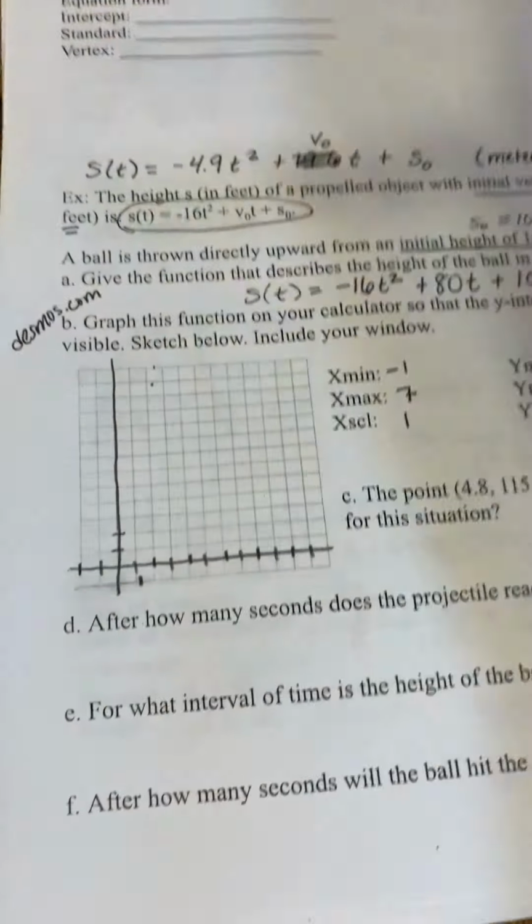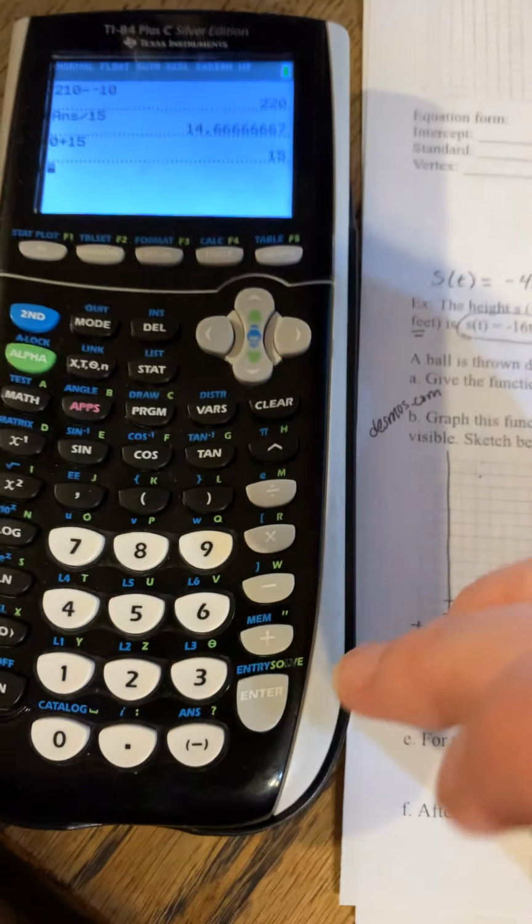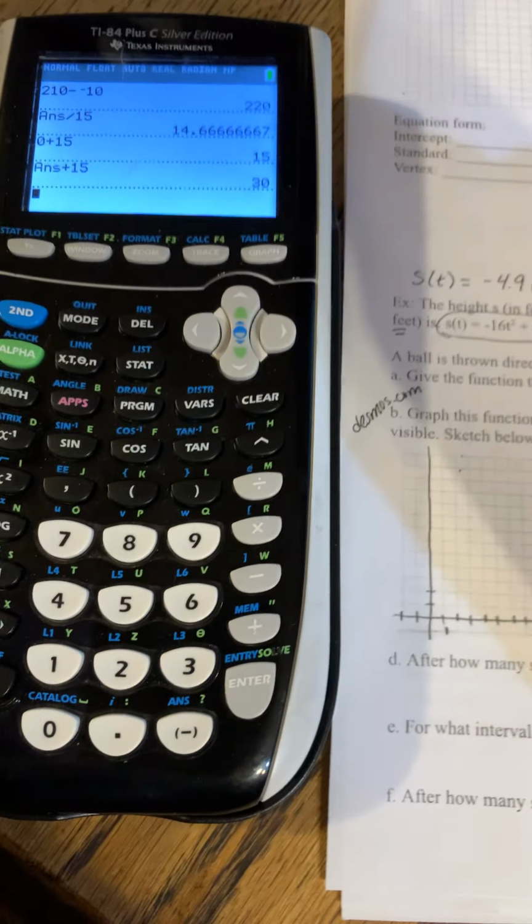And then this is 15, 30. So if you do this and you say just 0 plus 15, it'll tell you 15, obviously. And then you do plus 15, and it'll tell you 30.